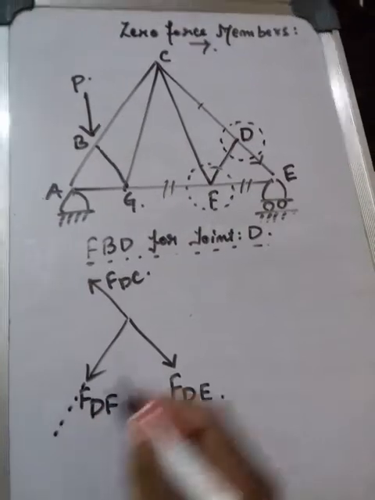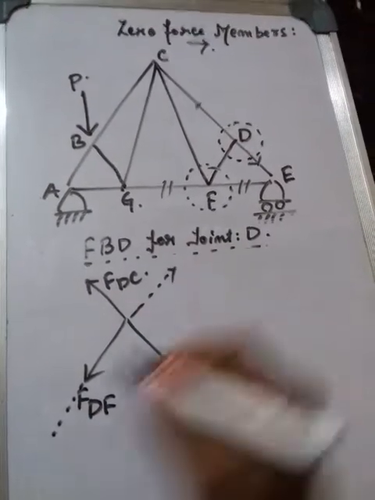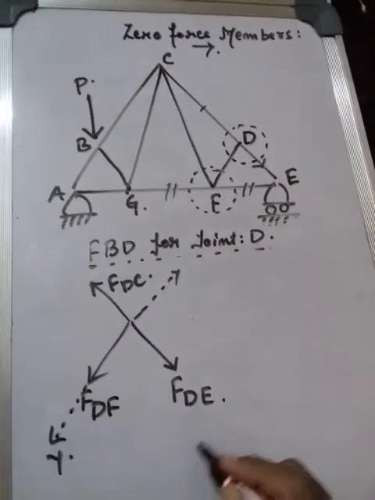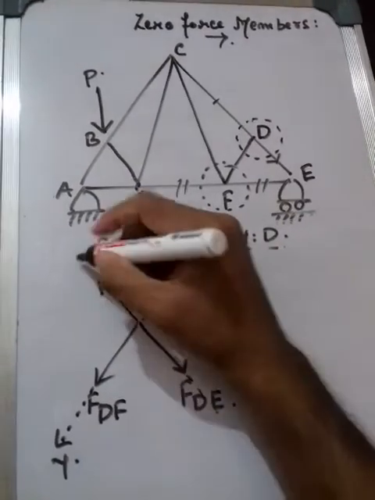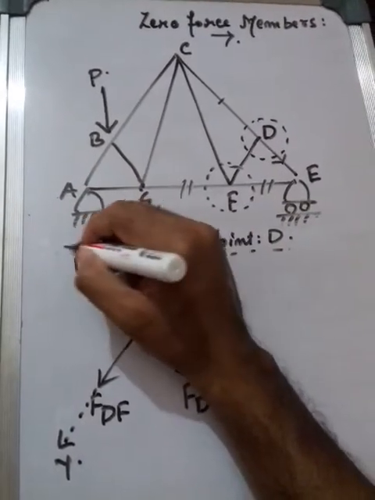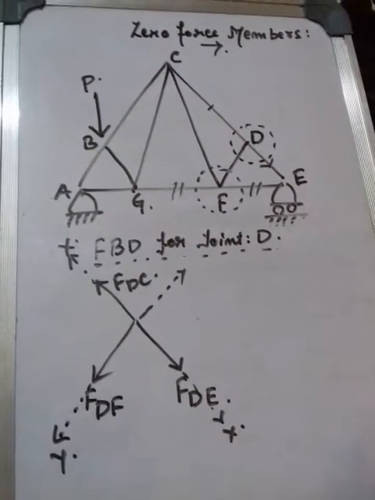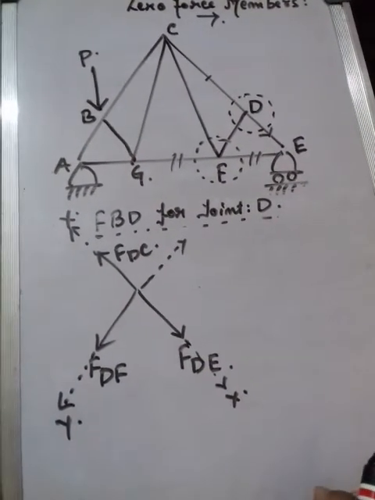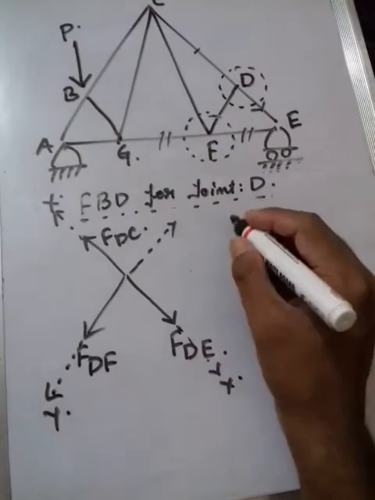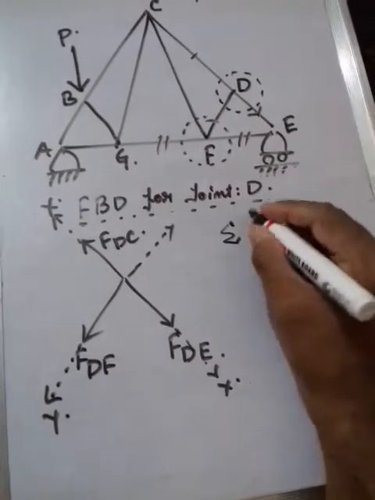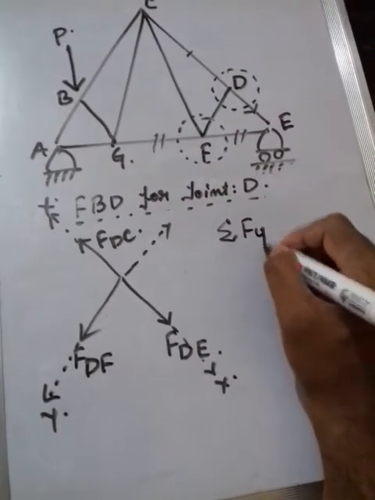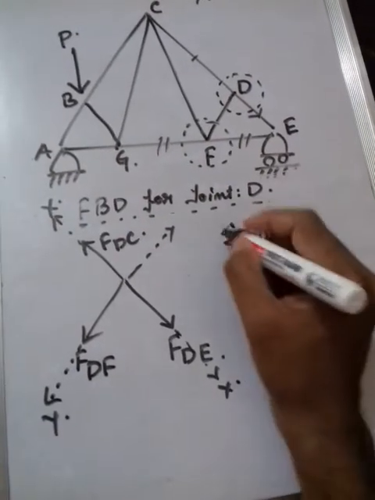Suppose we take this as the y axis and this as the x axis. Now we apply the equilibrium condition: summation of forces acting in the y direction is equal to 0.